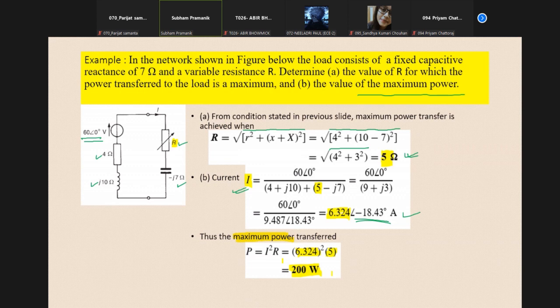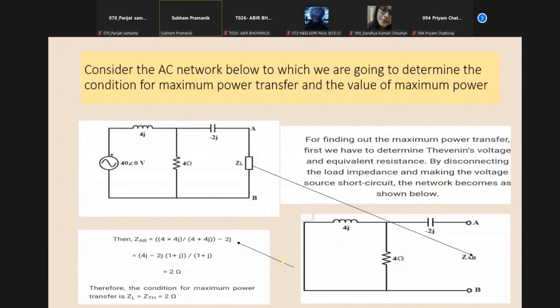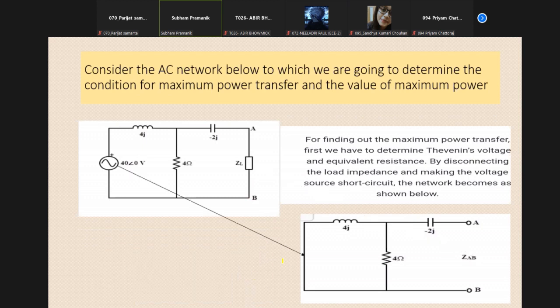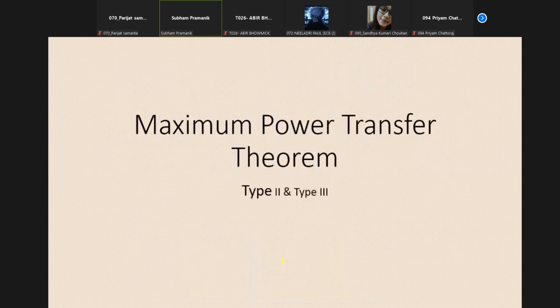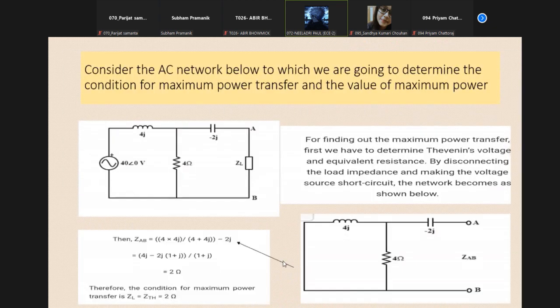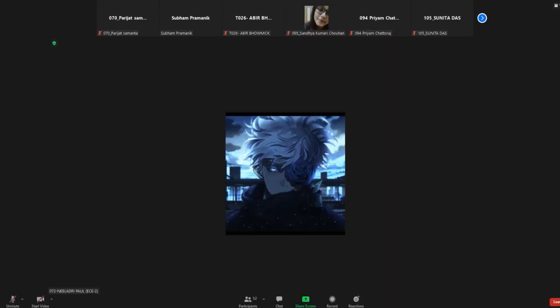So see, you won't find that the resistor part of the source is variable; it is never written anywhere in any statement of the maximum power transfer theorem. As I said, mathematically it is possible, but practically not. Sir, that means the maximum power transfer theorem applies Thevenin's theorem, so in Thevenin's theorem also we cannot have variable resistance on the source side.